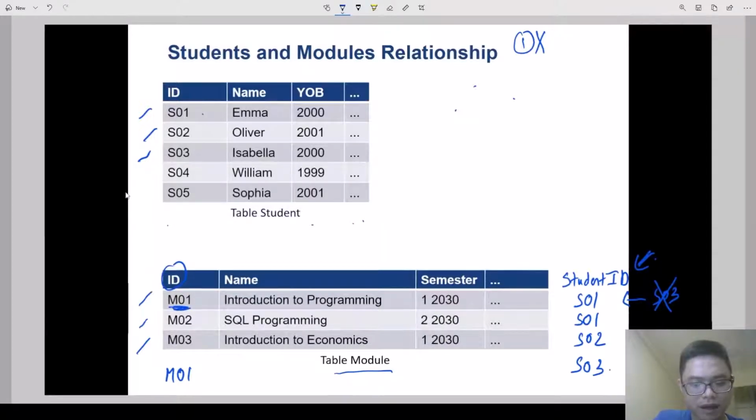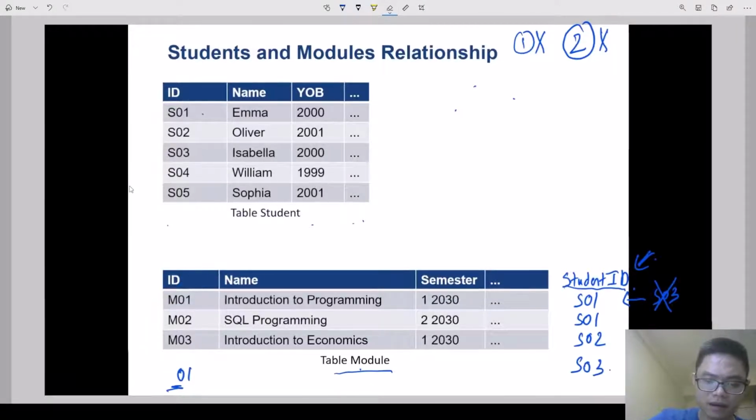This one, M01, is not unique. It means that our second option, putting the student ID into the table module, is also wrong. So the second solution is also not acceptable.